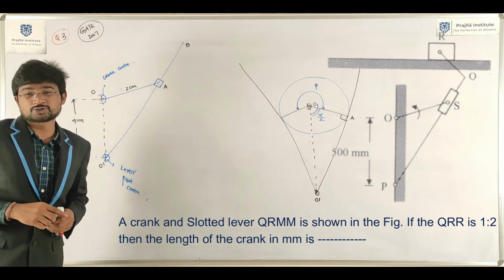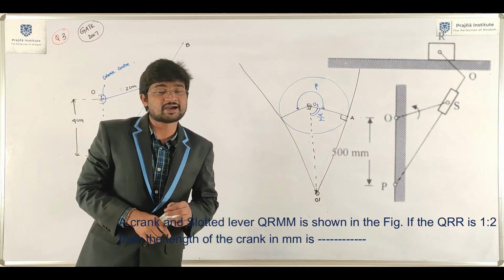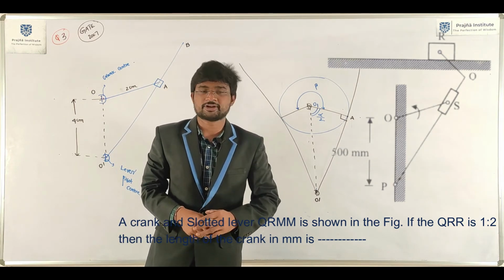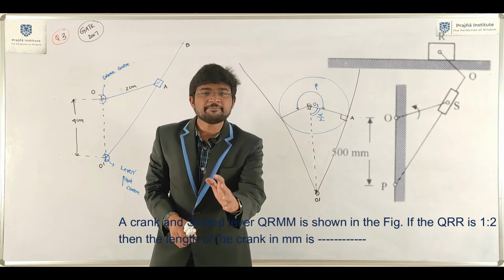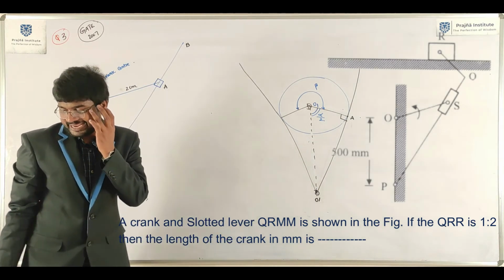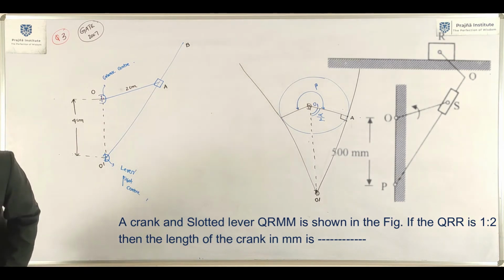I am interested to solve half of the problem here because we have not done the velocity part of crank and slotted lever quick return motion mechanism. For time being, we can solve first problem which is given in GATE 2007.